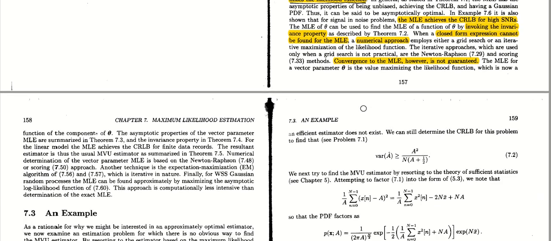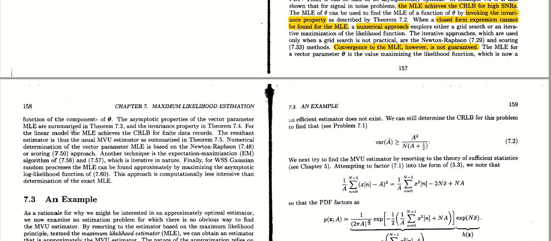Okay. So the MLE tries to achieve the CRLB with high SNR, and then when does high SNR occur? High SNR often occurs when you have a lot of data. You have a lot of data, and those data, of course, come with noise.